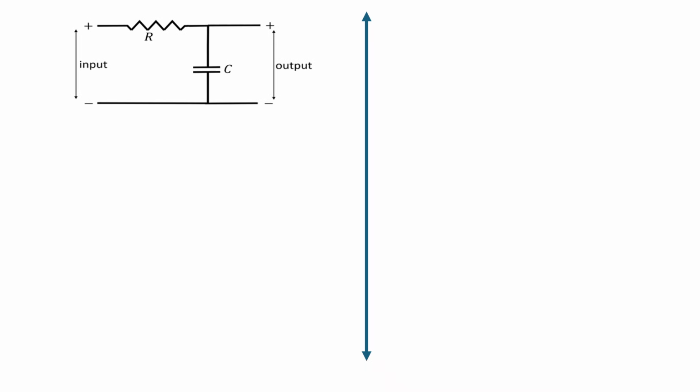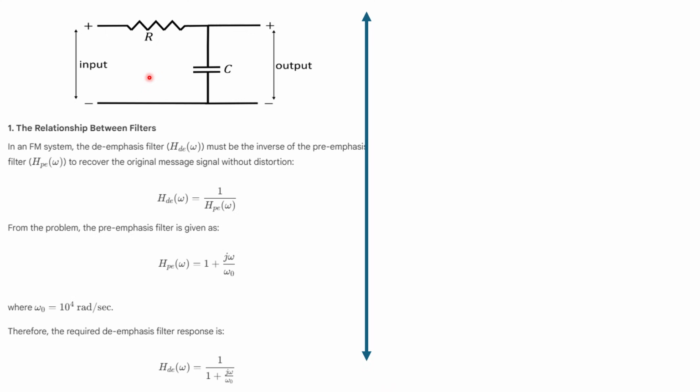Okay, let's go now. In our question, this circuit is given. The circuit belongs to the de-emphasis circuit, because there is no parallel. So we are going to use this condition: pre-emphasis transfer function times de-emphasis transfer function is equal to 1. The pre-emphasis circuit transfer function is given in our question, that is 1 plus j omega divided by omega naught. So for de-emphasis it will be just the reverse: 1 divided by (1 plus j omega divided by omega naught), right?